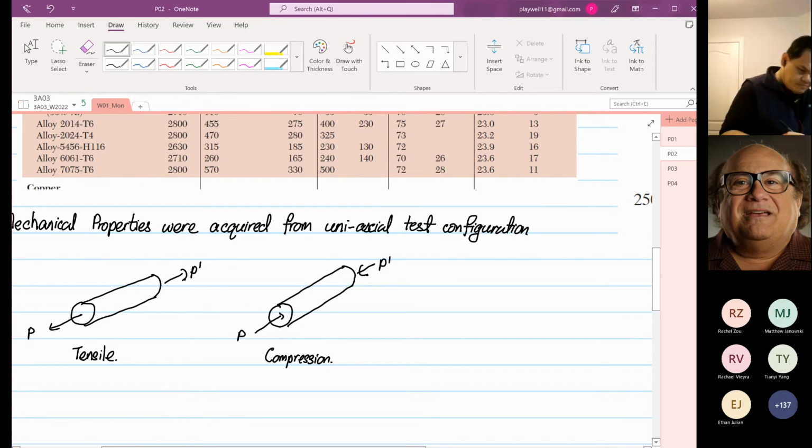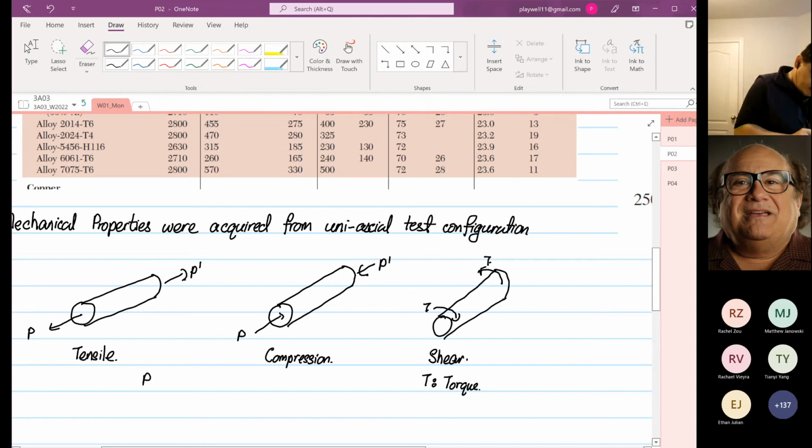And over here, in terms of shear, they apply a torsion. So this is shear. T is the torque. P is the applied load.